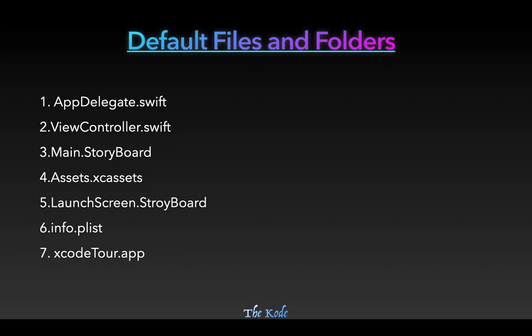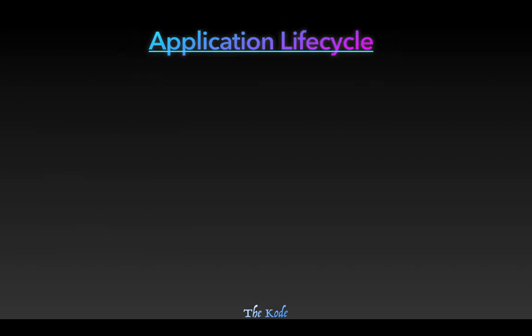The last one is XcodeTour.app. XcodeTour is the name of your application and .app means it is the actual installer file or the executable file which will be used to install your application onto the device, and later on this file will be supplied to the App Store.